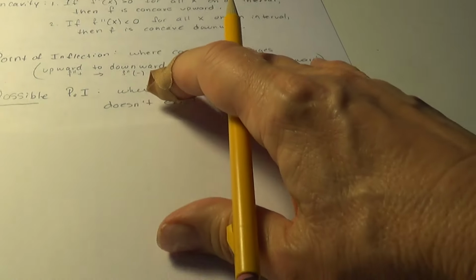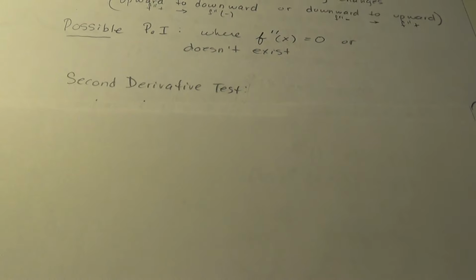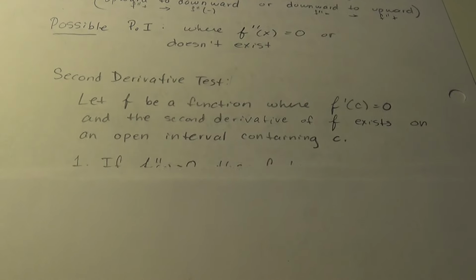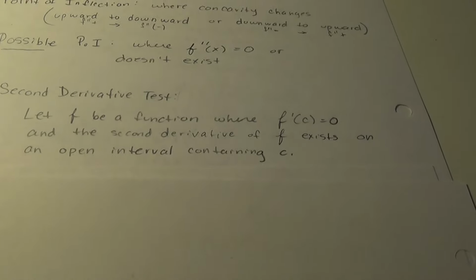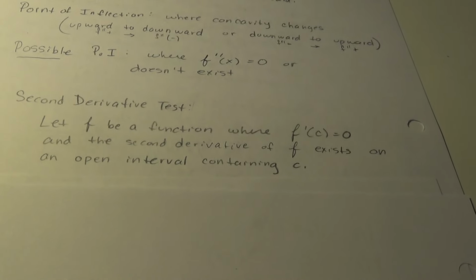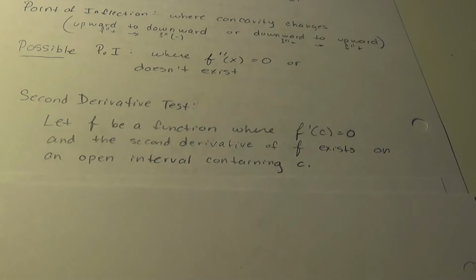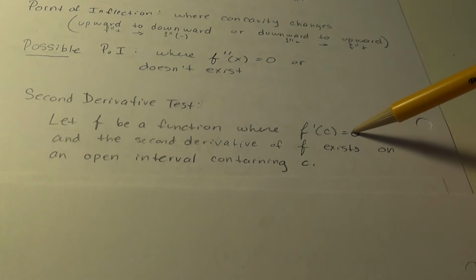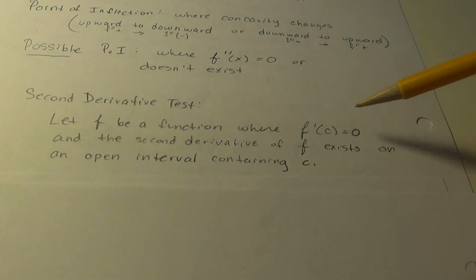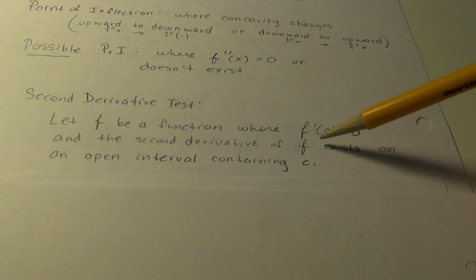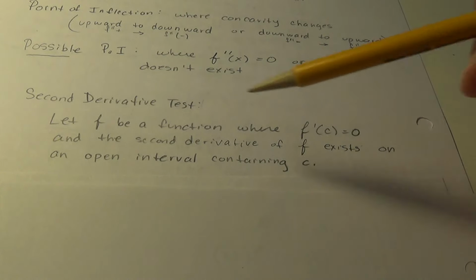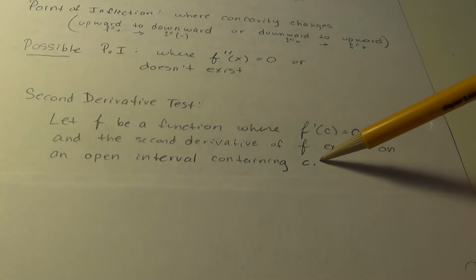And now I'll give you the second derivative test in formal lingo. The second derivative test looks like this. Here's the intro. Let f be a function where f prime of c equals 0. So we have the first derivative zeroing out, so we're at a critical point. And the second derivative of the function exists on an open interval containing c.